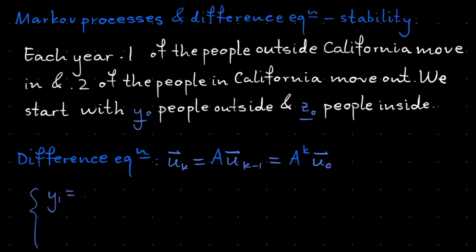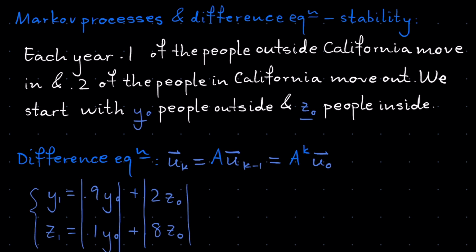So this is 0.9 y0, because 10% of the people outside of California moved in, and we have 0.2 of the people in California moving outside, so we have plus 0.2 z0. And similarly, we can use the same expression to say that z1 is equal to 0.1 y0 and 0.8 z0. Now notice that the columns over here add up to 1.